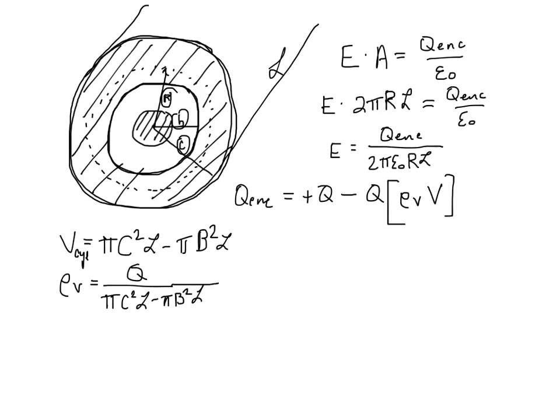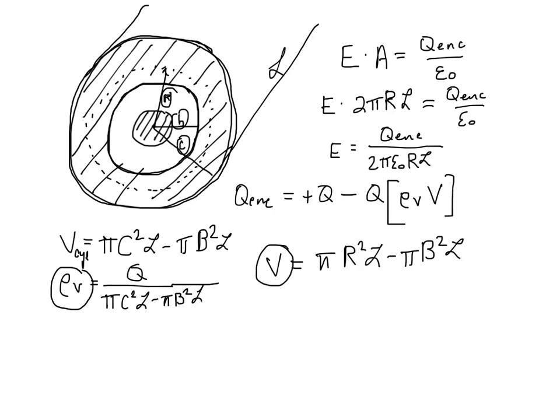Now the volume of the Gaussian surface that's contained within the conductor is going to be pi r squared L minus pi b squared L. And so what we want to do is multiply the rho sub v that we calculated here by the volume that we calculated here.